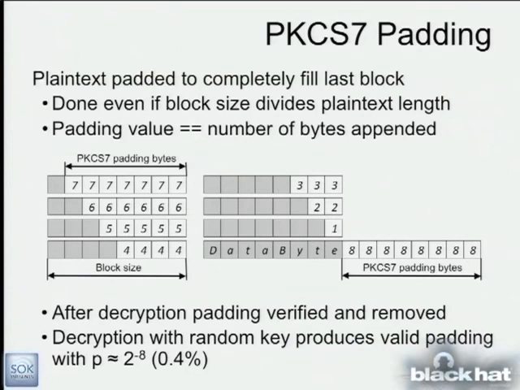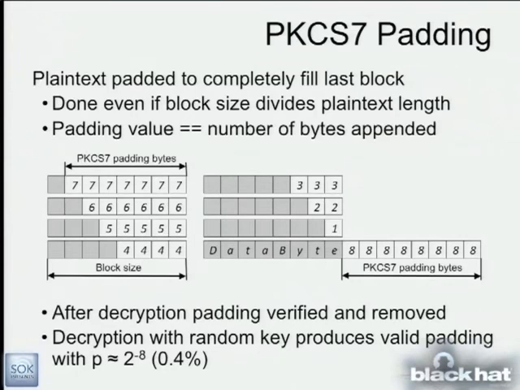The standard says that you need to add to your plain text data a certain number of bytes, so that the length of your data plus the length of the padding will fit evenly in the block of the cipher. So all blocks will be completely filled. And the value of the byte which gets appended to the data is equal to the number of bytes that get appended.